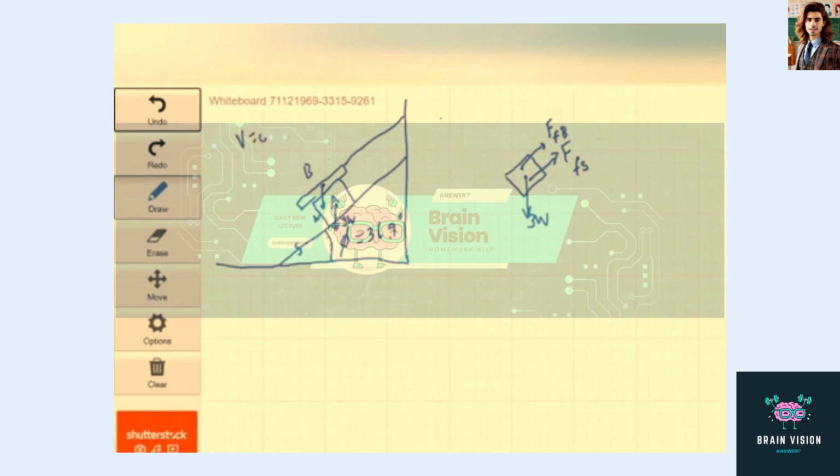So v equals constant. So therefore, the sum of the forces must equal 0 because there's no acceleration. Let's get the forces in the direction of S.